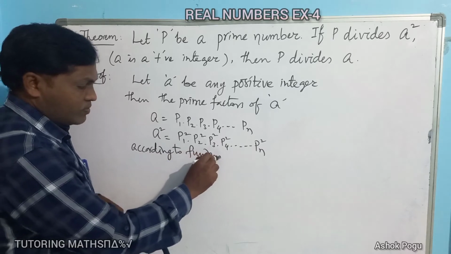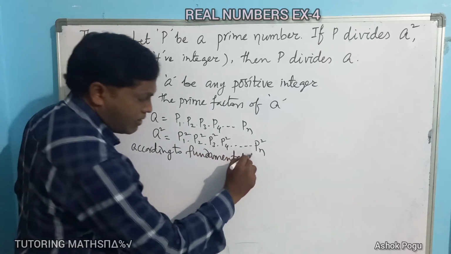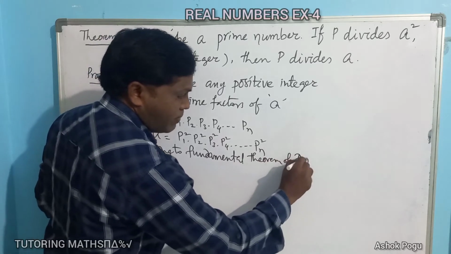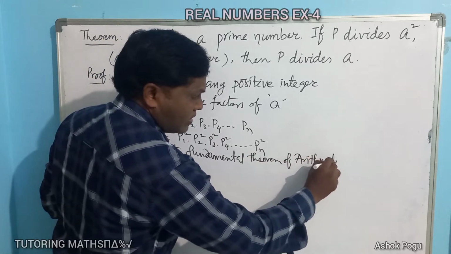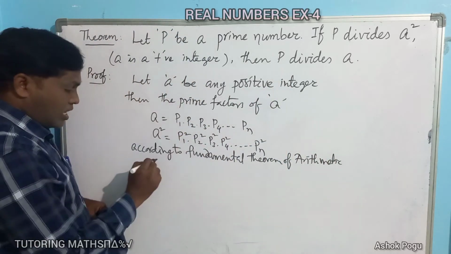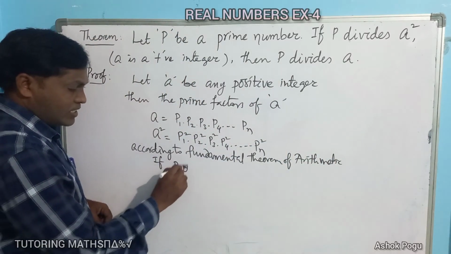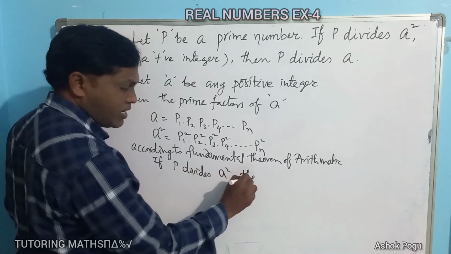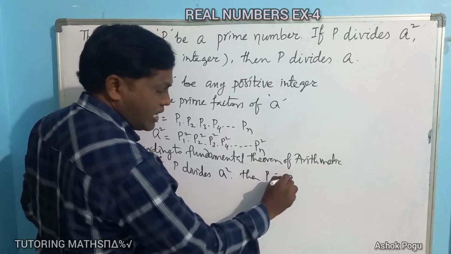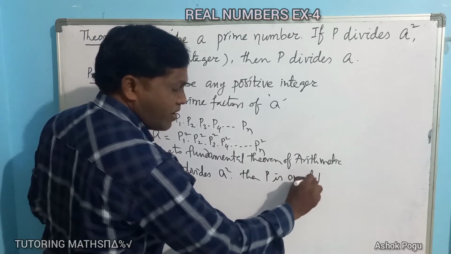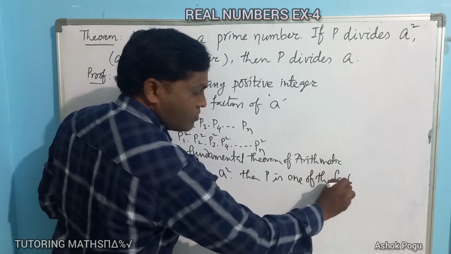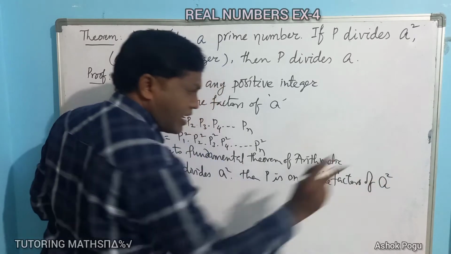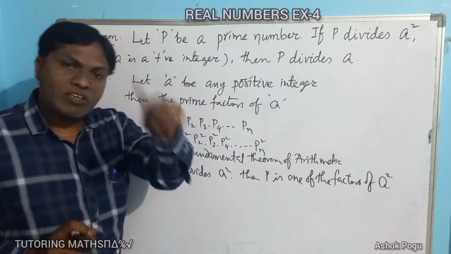Then p is one of the factors of a square.